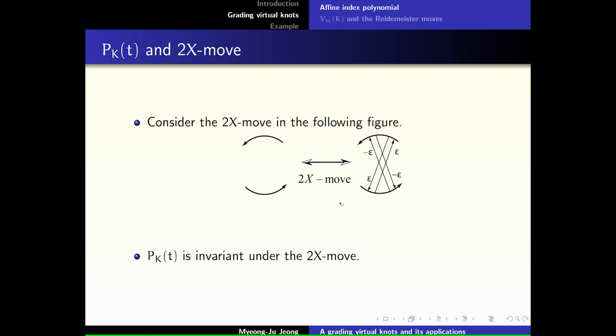Similarly, if we consider the 2x move, which is defined as shown in this figure, where epsilon can be positive or negative, then we can show that P sub K of t is invariant under the 2x move. So P sub K of t is a relatively easy invariant to calculate for virtual knots, but it is not so strong for comparing virtual knots.